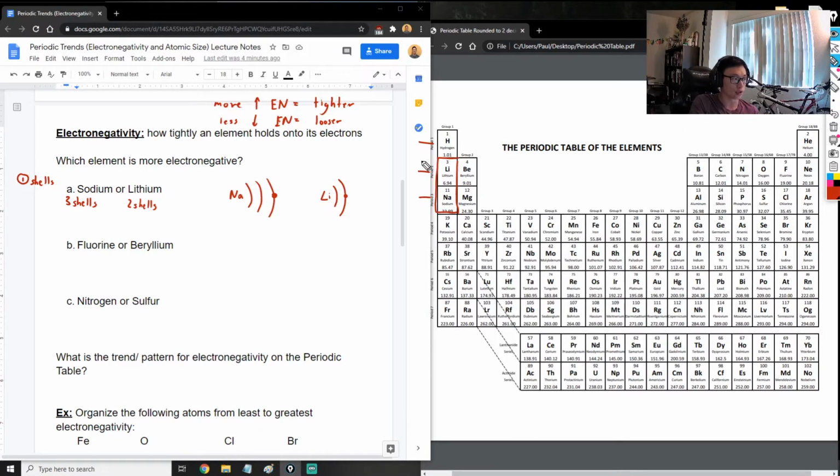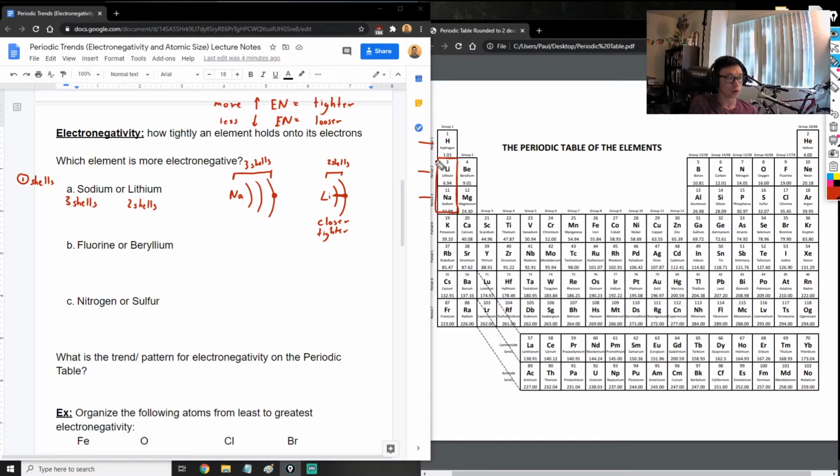Same thing with atoms. If you notice, sodium, the furthest electron is 3 shells away. Whereas lithium, it's only 2 shells away. So lithium is closer to the outside electron. Since it's closer, it can hold the electrons tighter, right? Just like how if you hold something closer to you, you're holding it more tightly, whereas if it's far away, you're holding it more loosely.